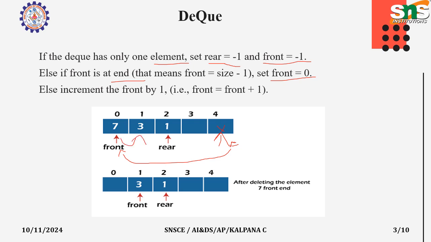In this case, my front is 0 only, pointing to the 0th location. So I can increment my front pointer by 1. If I do that, my front points to this element 3. In that way, I can delete my front position element.